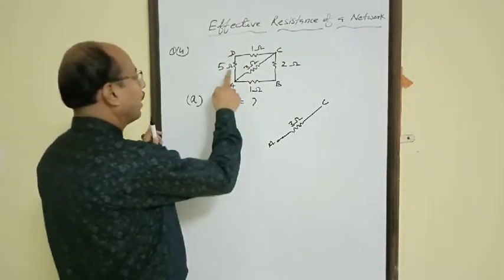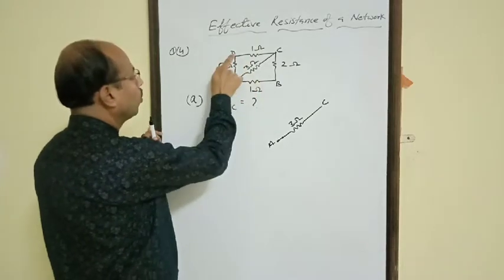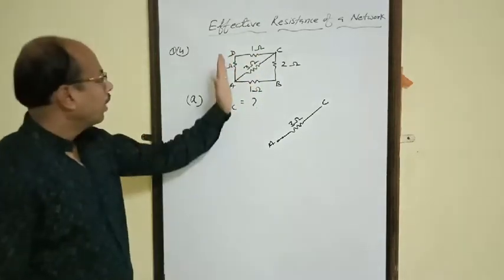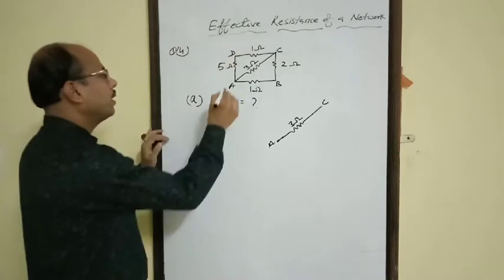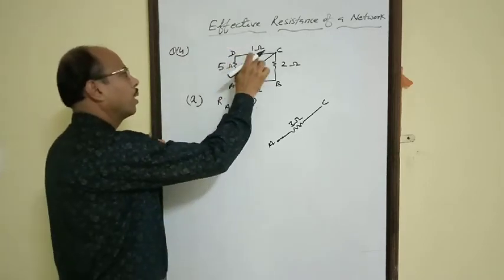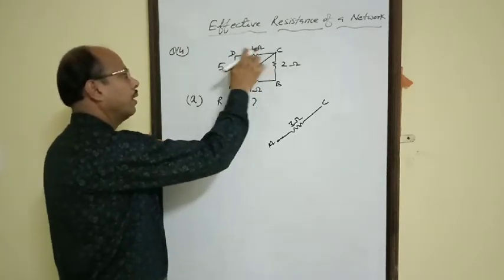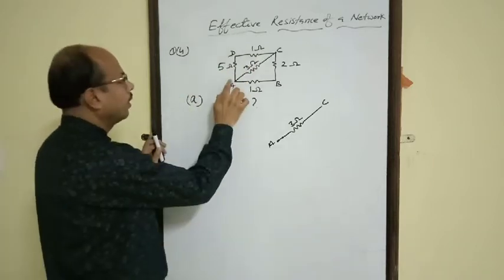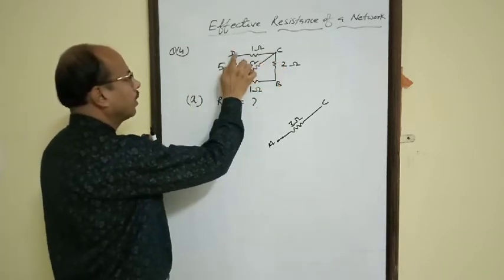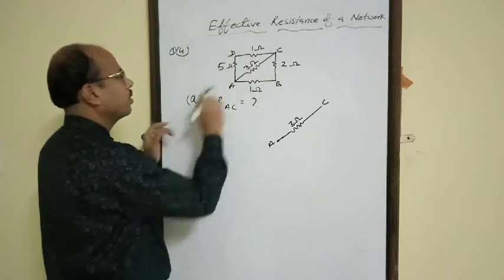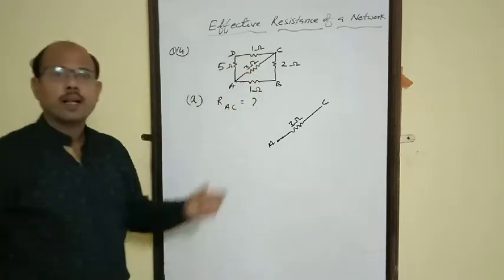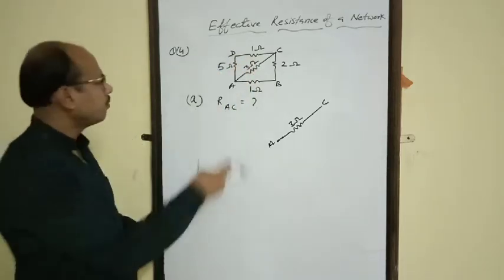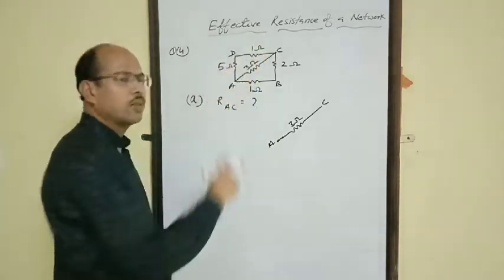Now, if we see this path, you can easily see A to D and D to C. It is clear that 5 ohm and 1 ohm are connected in series. Here it is 5 ohm, this is 1 ohm. They are directly connected in series. For series, you can easily find the answer directly.